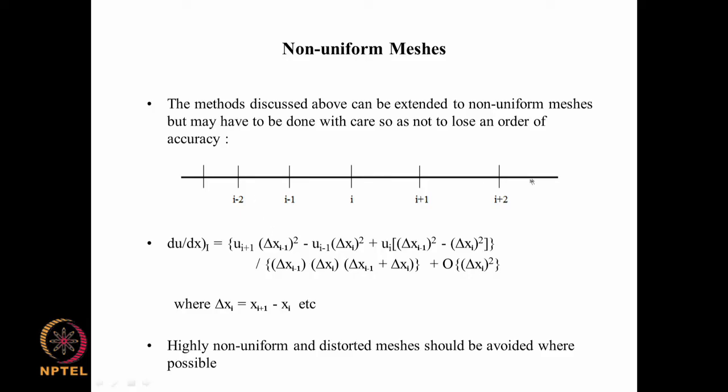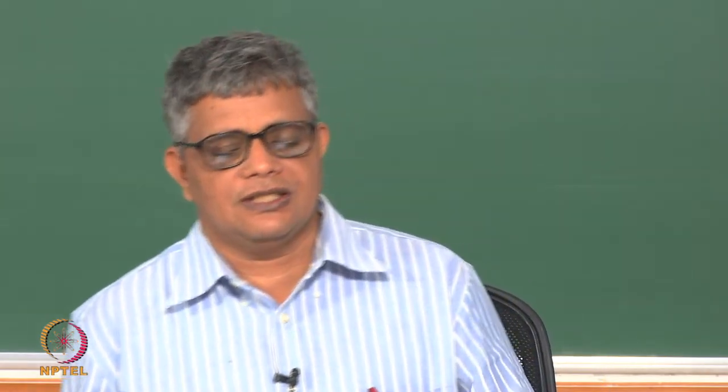and we make use of a geometric progression typically with an expansion ratio of the order of between 0.7 and 1.4. 1 by 0.7 is about 1.4. So, it is of that kind of range that we can use, and we should also keep in mind a geometric progression builds up very fast. So, if you use a geometric progression with an expansion ratio of something like 1.4 for 50 grid points, then the delta x variation can be very large between the smallest and the largest.